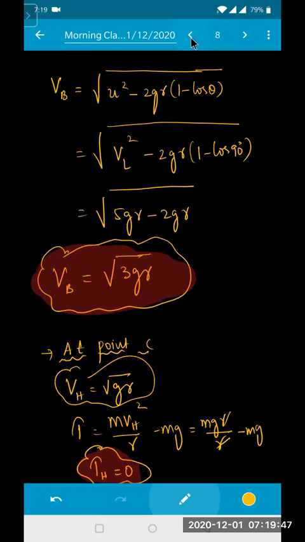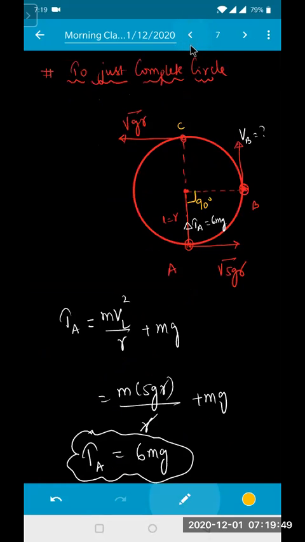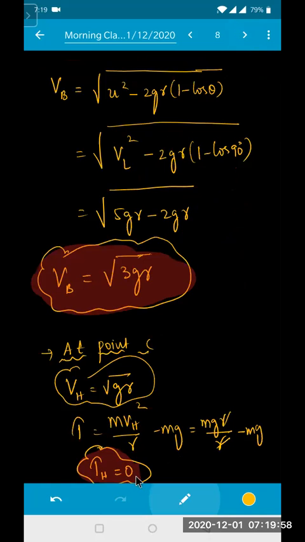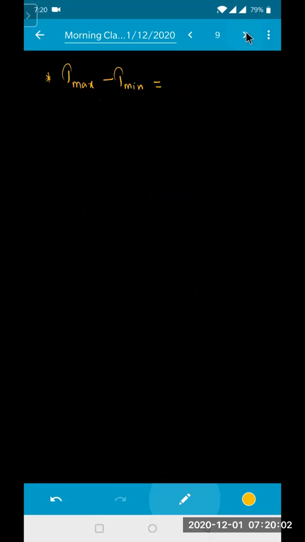T max is how much for me? That means maximum tension is at point A. This is T max, 6 mg, and this is your T minimum at highest position. So the difference is 6 mg minus 0, and that will be equal to 6 times your mg.